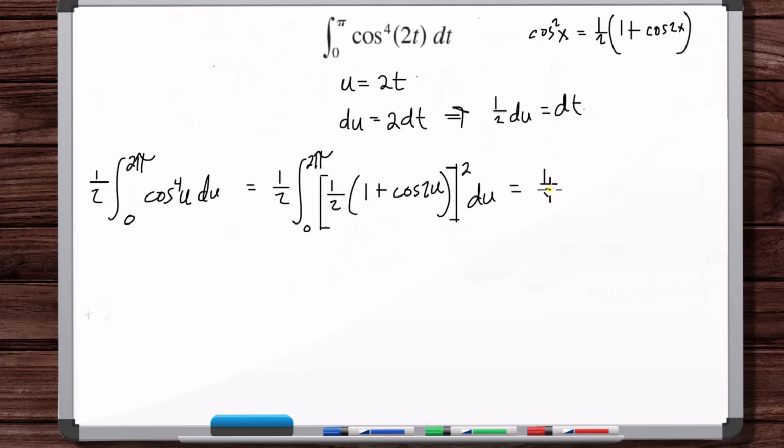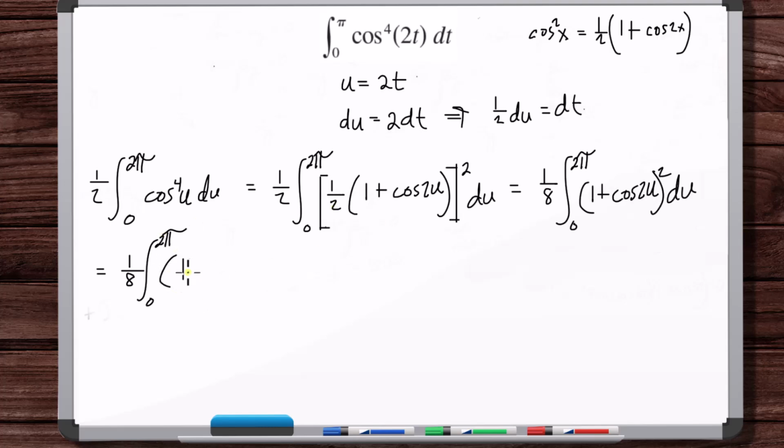Bring out the 1/4. So we've got 1 plus cosine 2u plus cosine 2u plus cosine of 2u times cosine of 2u is cosine squared of 2u.